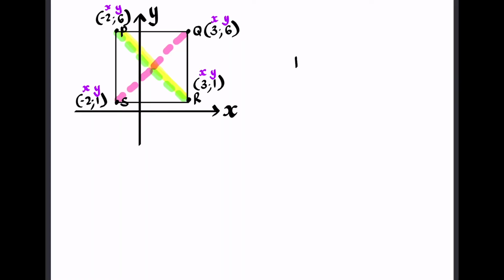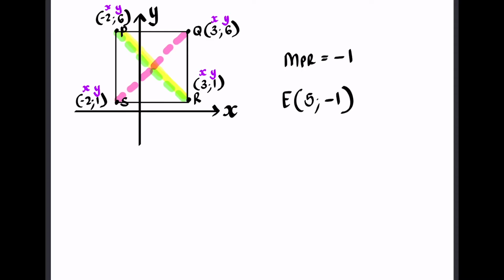We have the gradient of PR, and that gradient is negative 1. So for these points to be collinear would mean that E would be lying on that line, which means that I would be able to calculate the gradient of RE or PE to see if it's equal to negative 1. They've also given us the coordinate of E, which is 5 and negative 1.